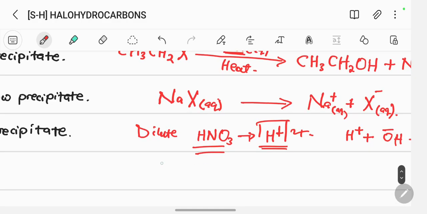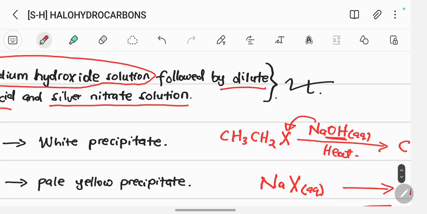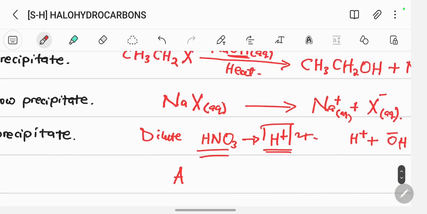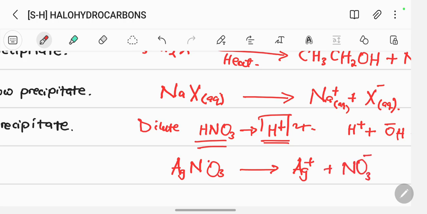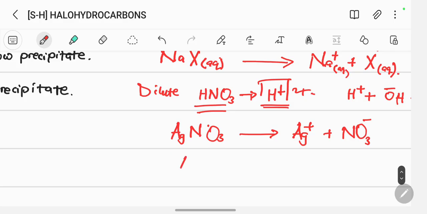So better we remove them, such that when we add silver nitrate, this silver nitrate is going to dissociate and give us silver ions and nitrate ions.